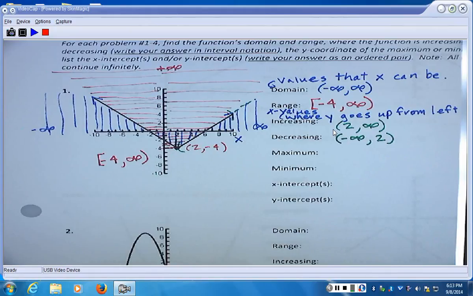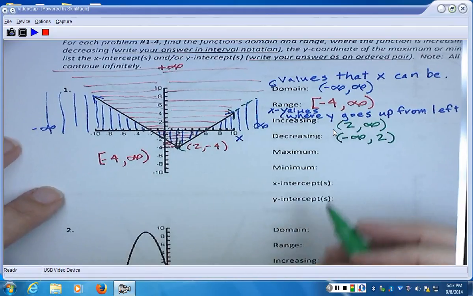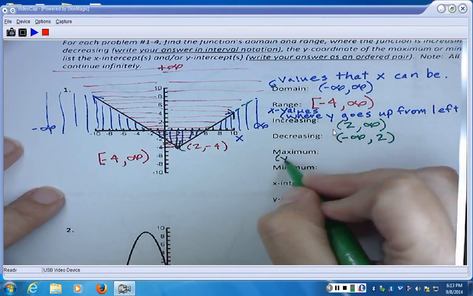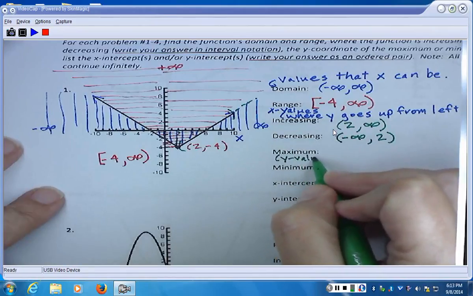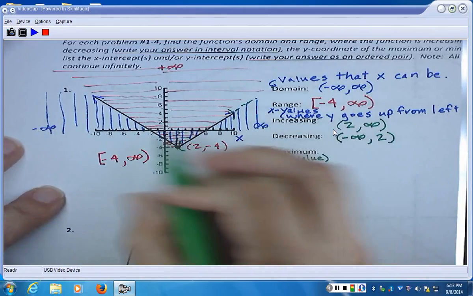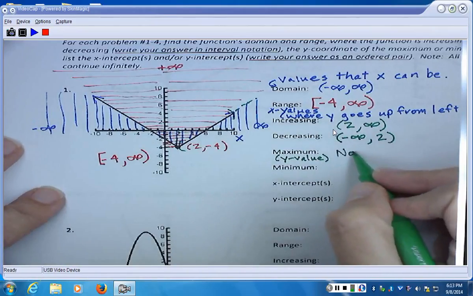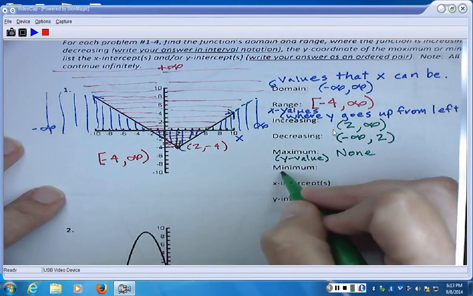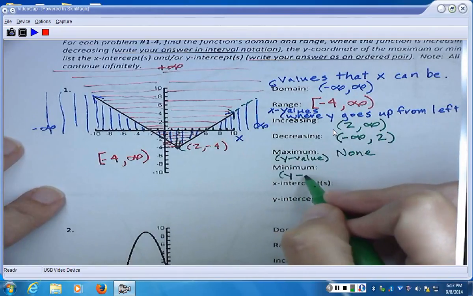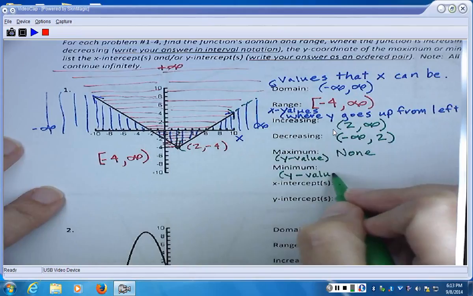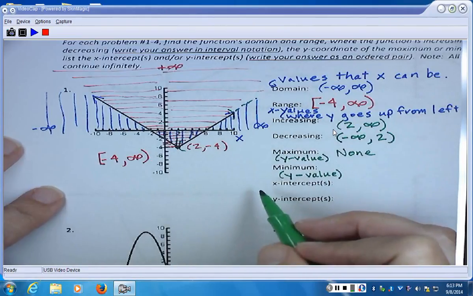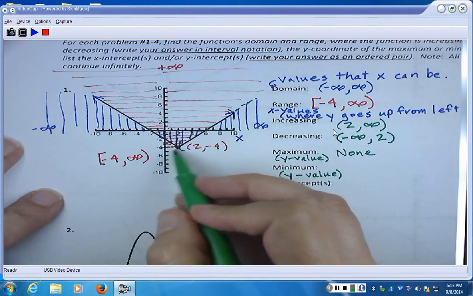Okay? And when we ask for a maximum, we want the y value. The maximum y value. And we don't include infinity, so there's none here. And for the minimum, we want the minimum y value. So that would be -4.